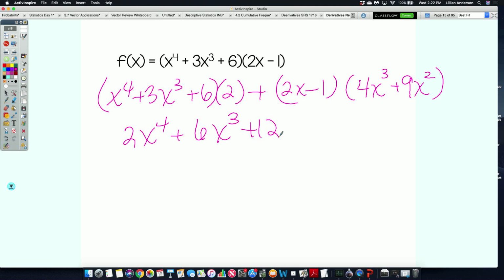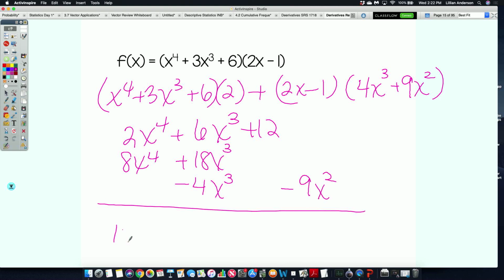Then I had to FOIL the next part, which would have been 8x to the 4, plus 18x to the third, minus 4x to the third, minus 9x squared.